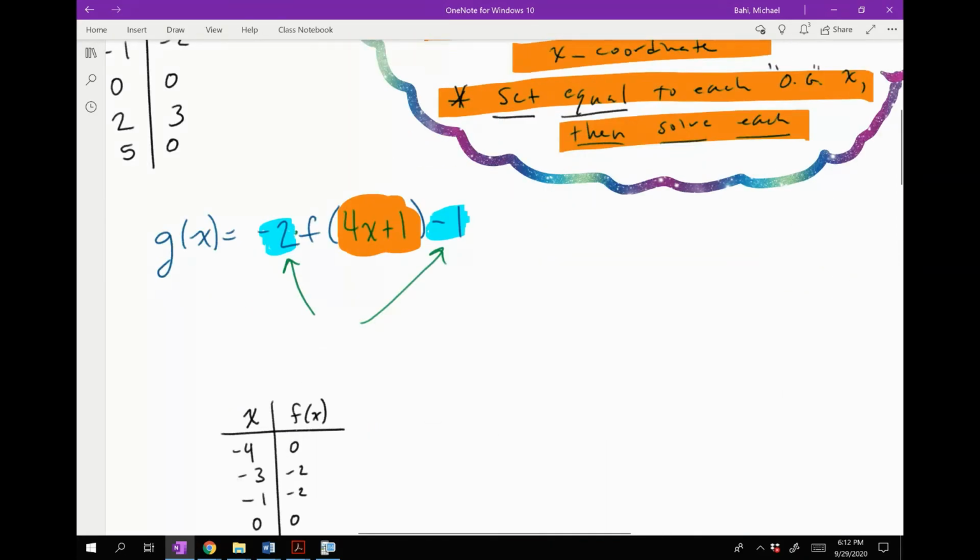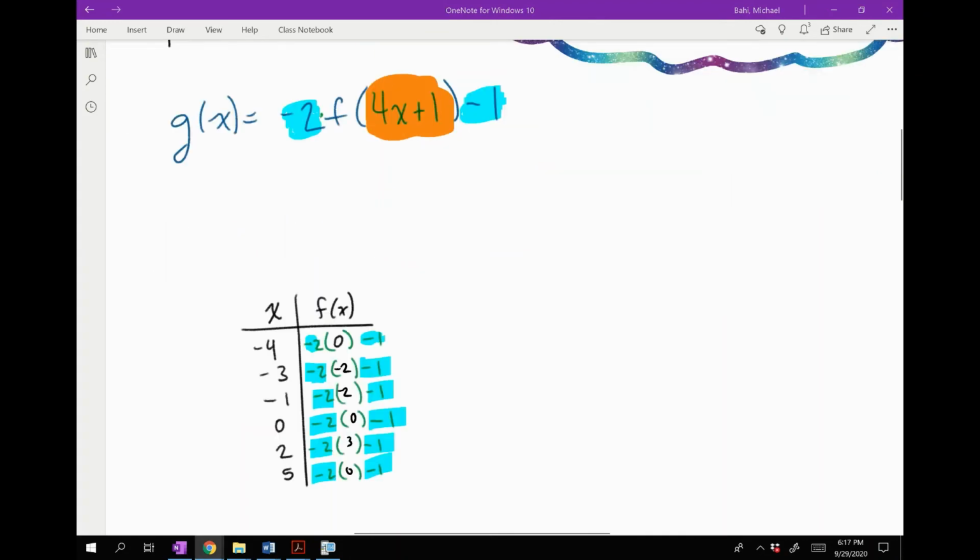So I'm going to take all the original y values. We have to follow order of operations. I'm going to multiply by -2 first, and then subtract 1. So basically for all of these, it's going to be like this. Here's really what's happening with all the y values.